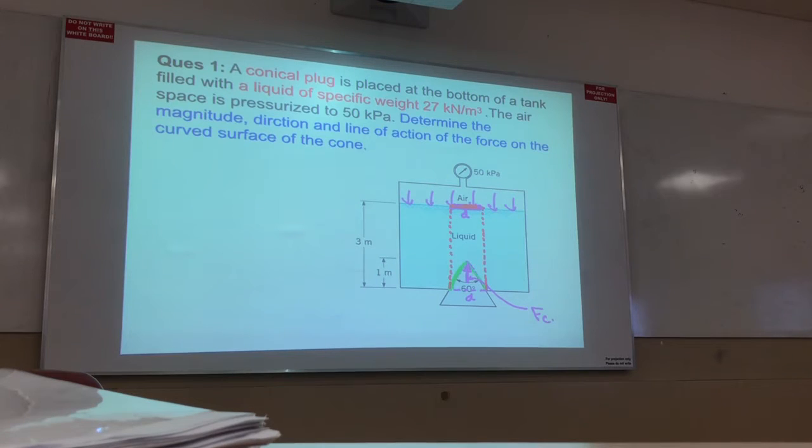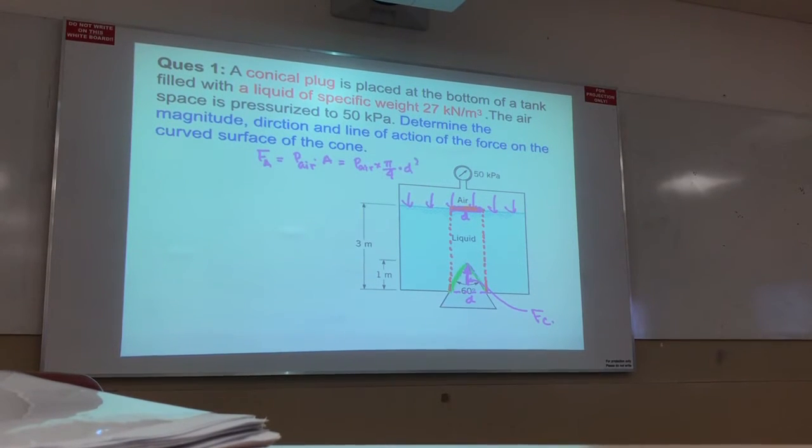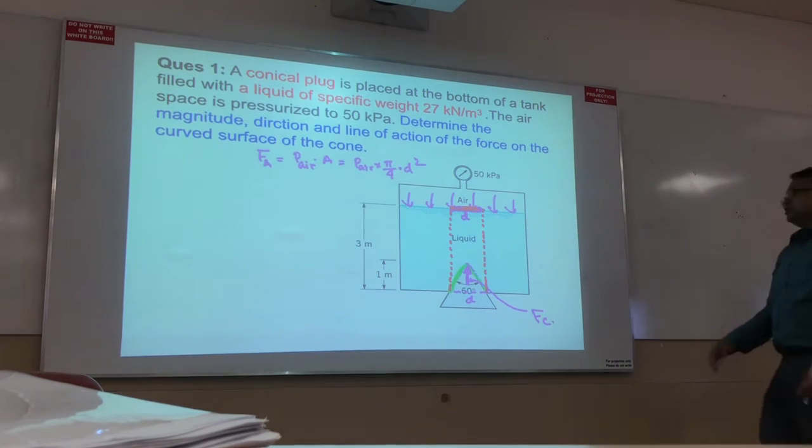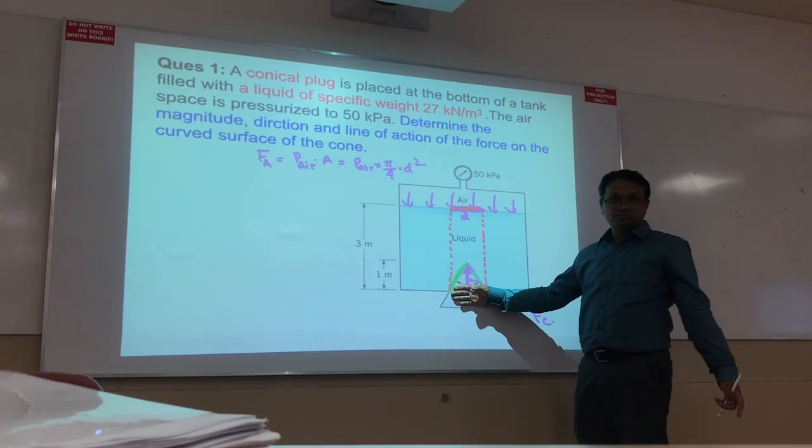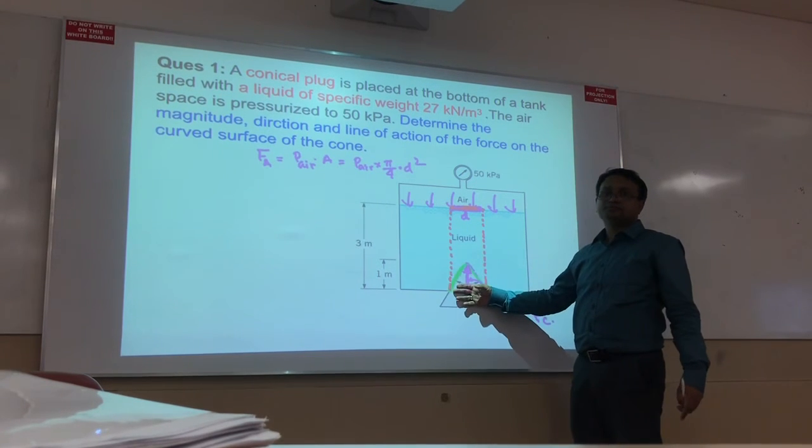So what is the force of air? Air force is equivalent to the pressure of air times the area A of this portion, which is pi by 4 d square, right? Now d square I do not know at the moment, but I can calculate it. How?